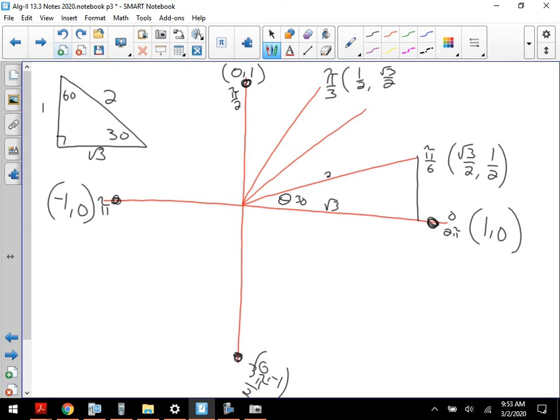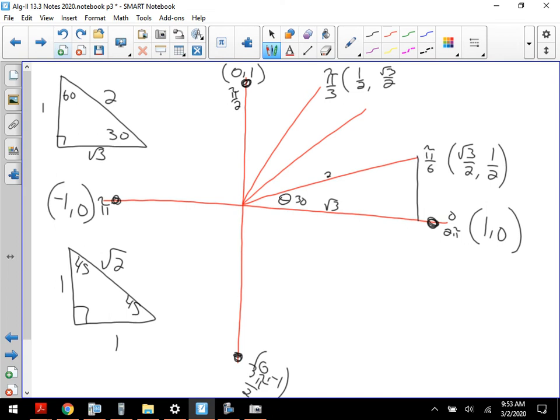45. 45 in terms of radians is what? Not pi over 90. Isn't it halfway between 90 and 0? What's half of a half? A fourth. So it's pi over 4. So if you have 45, 45, 90, wasn't that 1, 1, root 2? Don't they have the same sine and cosine?